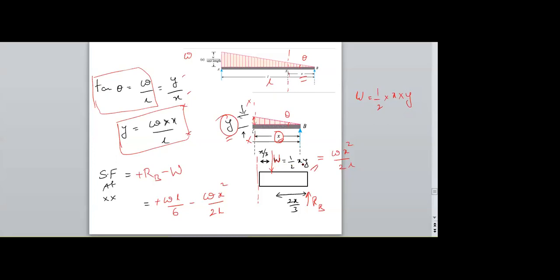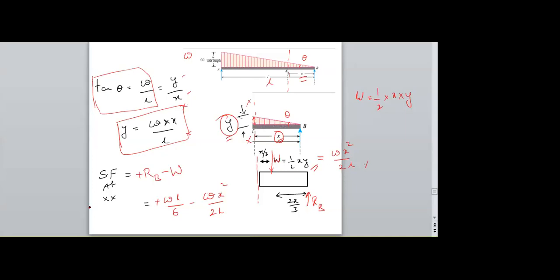Half x into y is the area. Substituting the y value, I will get capital W in terms of small w x square by 2L.